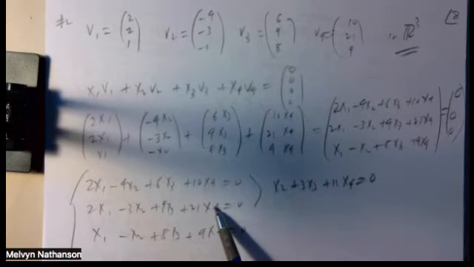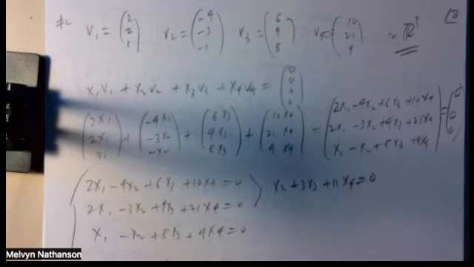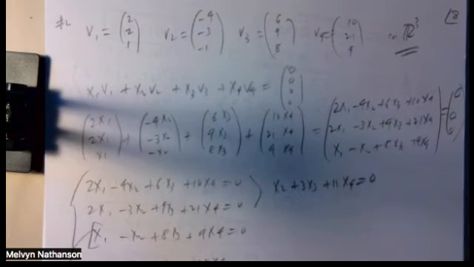And if I take the second equation and I subtract 2 times the third equation, so I multiply this equation by 2, I get 2x1 minus 2x2 plus 16x3 plus 18x4. It's just multiplying this equation by 2, equals 0.